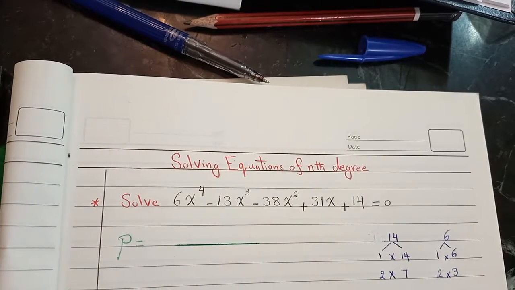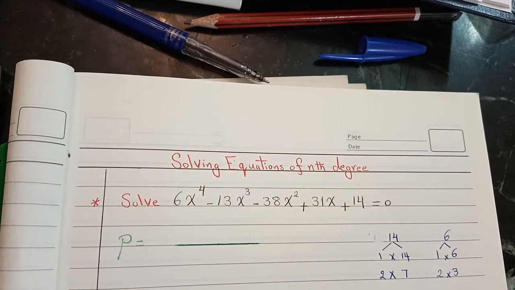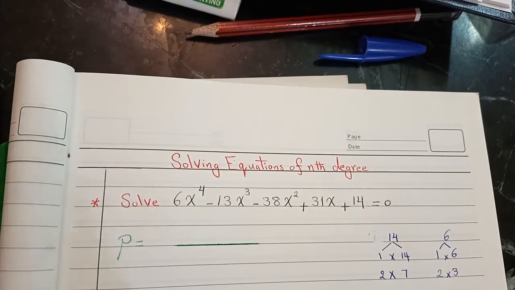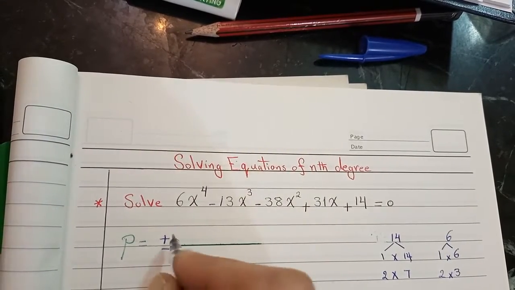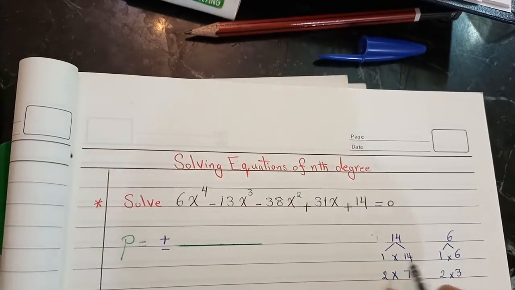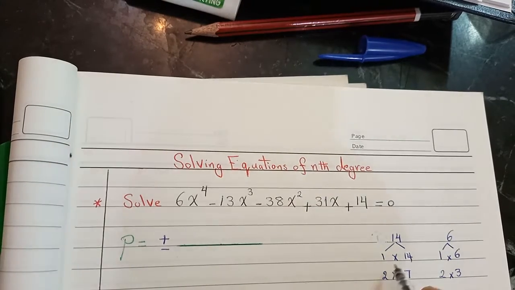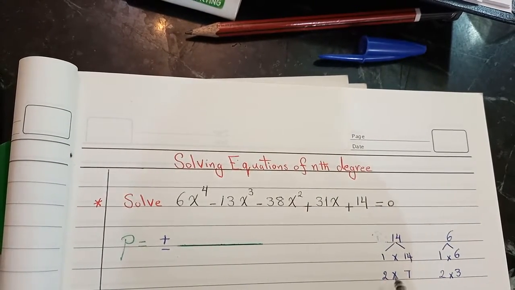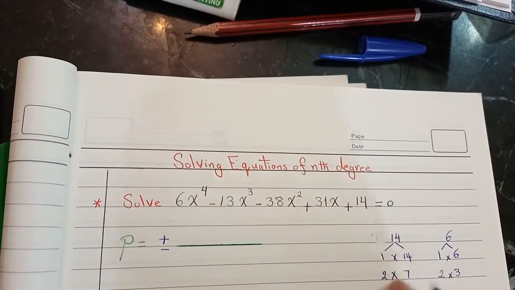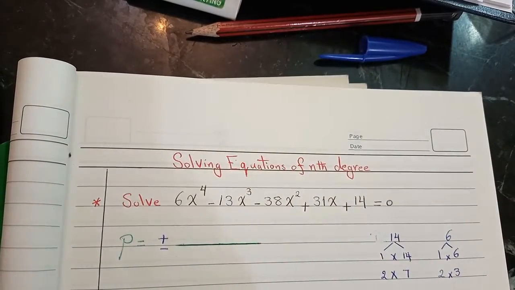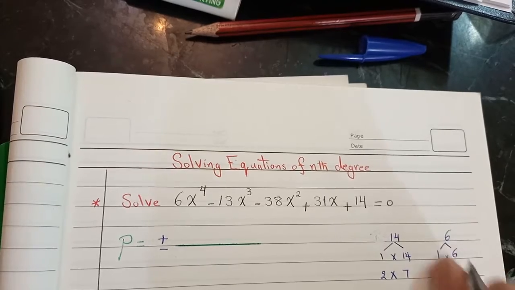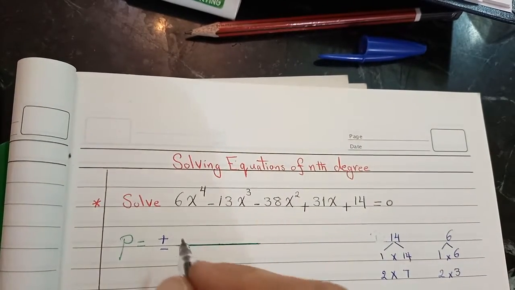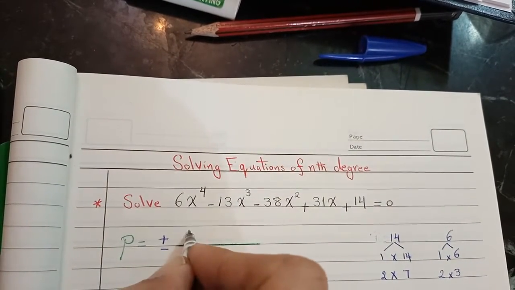This fraction can be positive and can be negative. We write the factors of the absolute term on the top, in the numerator place, and the factors of the coefficient of x power 4 on the bottom. So let's write them in order.